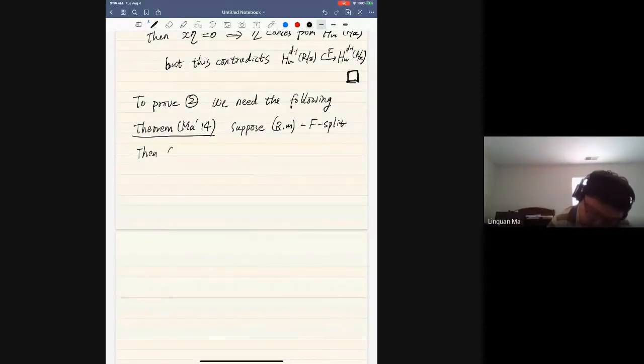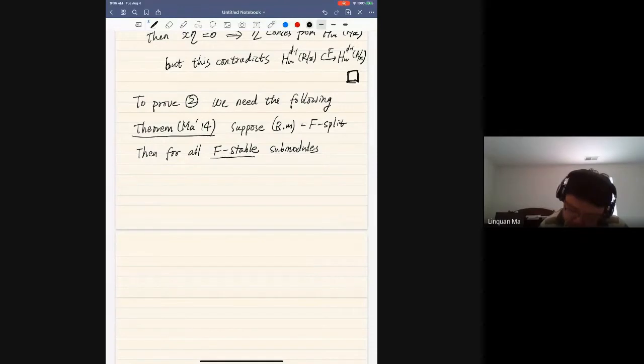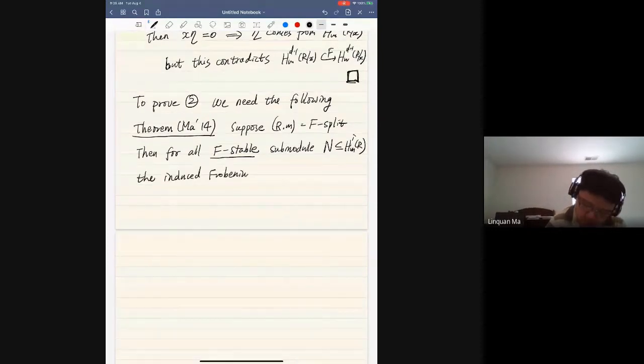Then for all F-stable submodules, I'm going to define this in a second, for all F-stable submodules inside the local cohomology module supported at the maximal ideal, the induced Frobenius action on this quotient is injective.